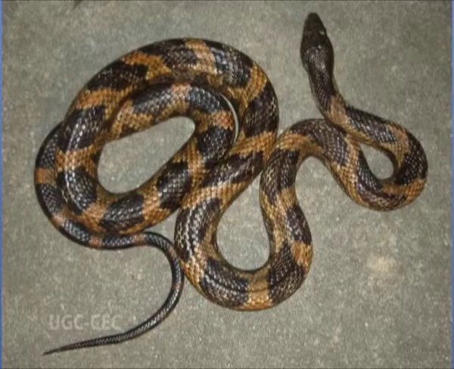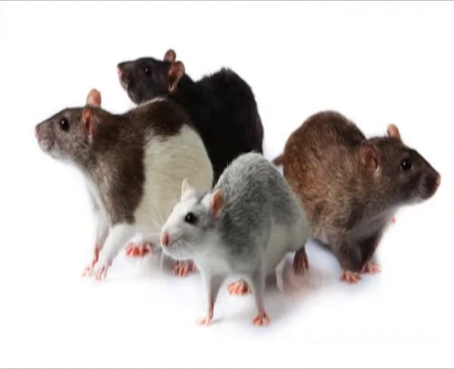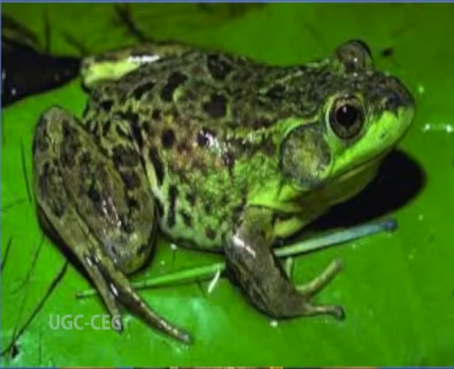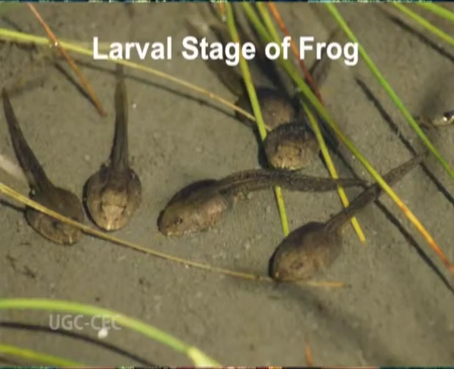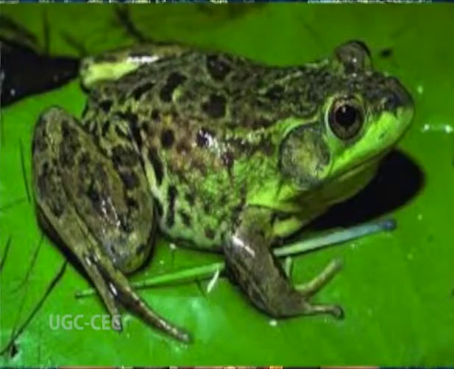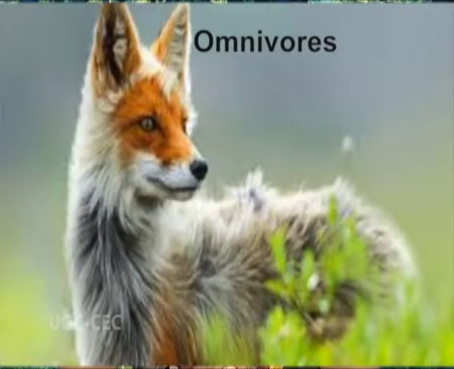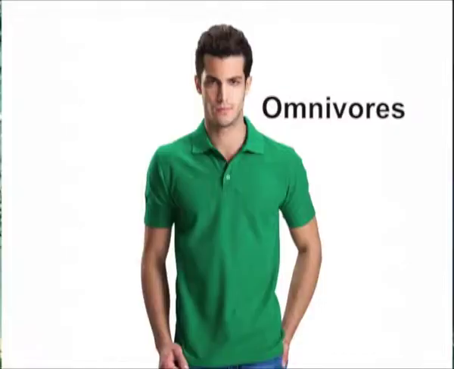A snake may feed on rats, herbivores, or frogs, carnivores. Frog is herbivorous in the larval stage and carnivorous in the adult stage. Many mammals such as fox, bear and man are omnivorous and belong to many trophic levels.